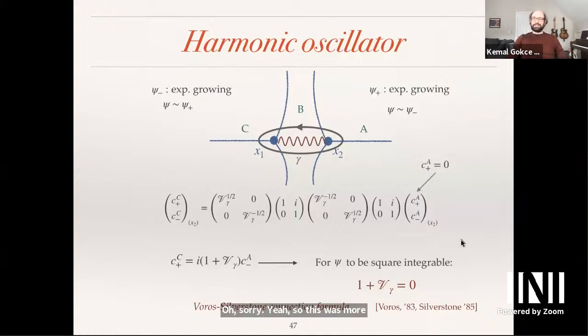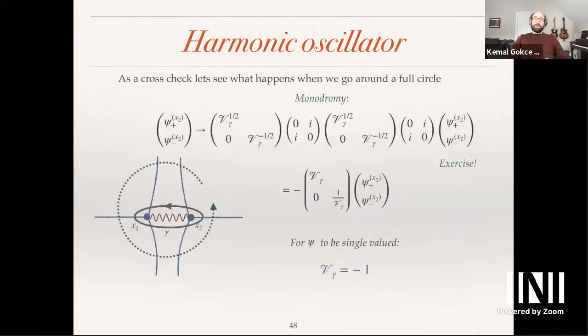Actually, just as a historical remark, if you look at the paper by Silverstone, it's very sharply worded. It starts with a sentence that goes something like, the standard treatment of the JWKB expansion is incorrect, and then explains how to correctly do it. I actually recommend reading that paper. Very, very sharp.